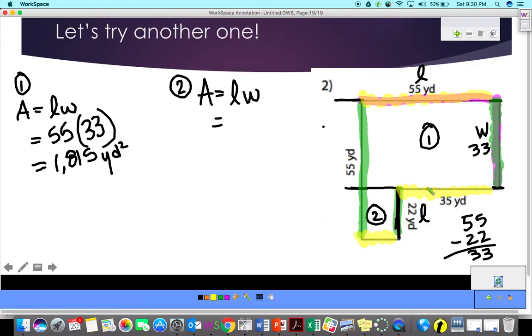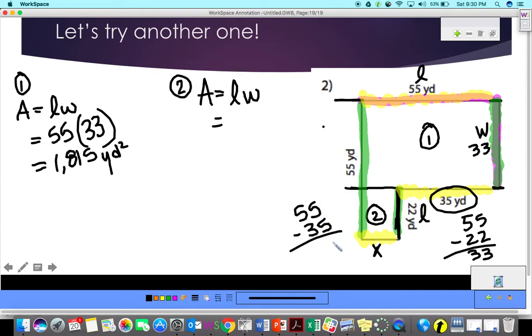So if I match up my colors here, this side and this side and this side, if I'm looking for this piece right here, this piece is shorter than this piece. So the math I'm going to have to do is I'm going to have to subtract. So I need to make sure that I'm subtracting 55 again, but I'm going to subtract 35 this time because I'm finding my missing side.